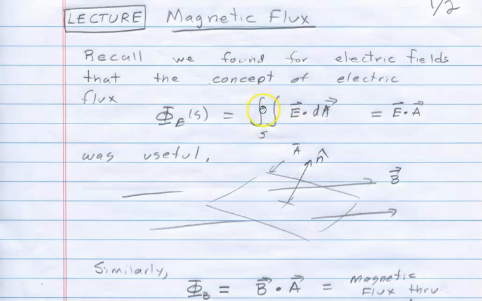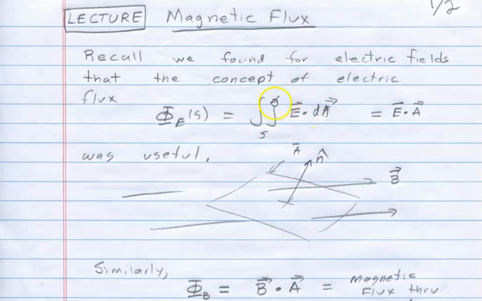It is really by definition the integral over the surface of E vector dot dA, where dA is the area vector associated with that surface. And what this quantity does is that it in effect counts the number of field lines that cut through a given surface, a piece of surface.